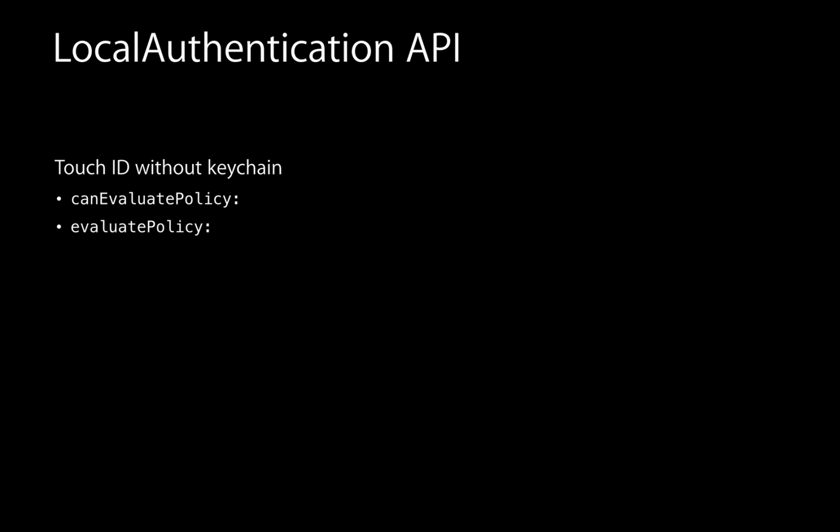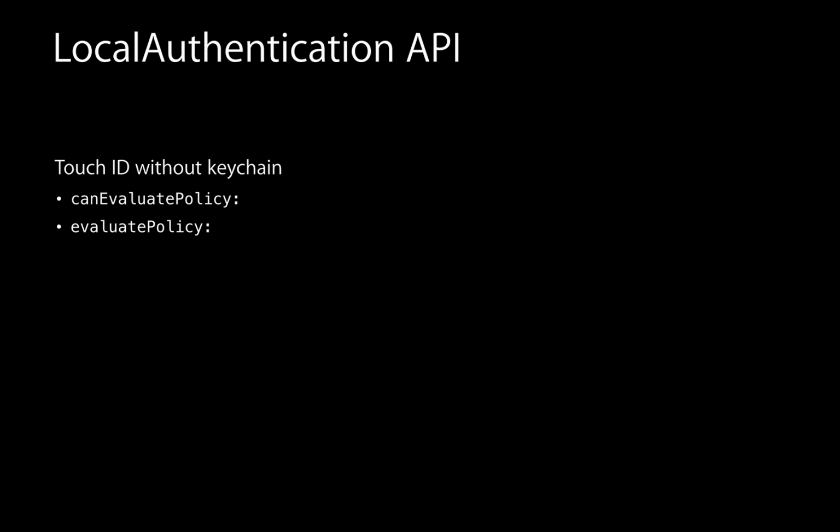Let's see how this looks from the API perspective. So you already know that you can use local authentication to invoke Touch ID operation. So how to do that? We have two new functions. One is canEvaluatePolicy and one is evaluatePolicy. The first one just checks if the policy can ever be evaluated on this device.